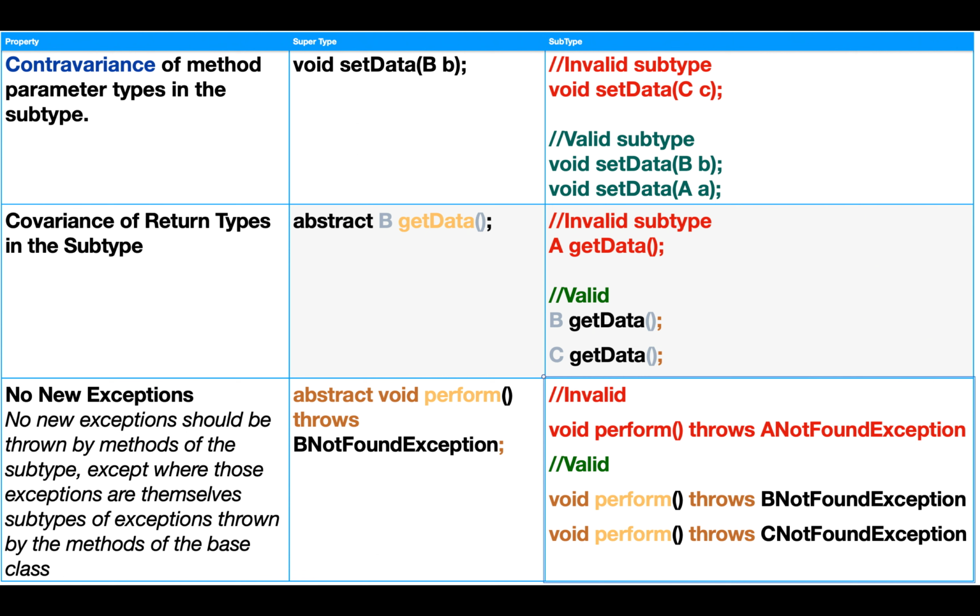So invalid syntax is if we write perform throws A not found exception, but the valid syntax will be if we write perform throws B not found exception and also perform throws C not found exception. Both are allowed. That means C not found exception is compatible with B not found exception. So that means we cannot throw any new exception.